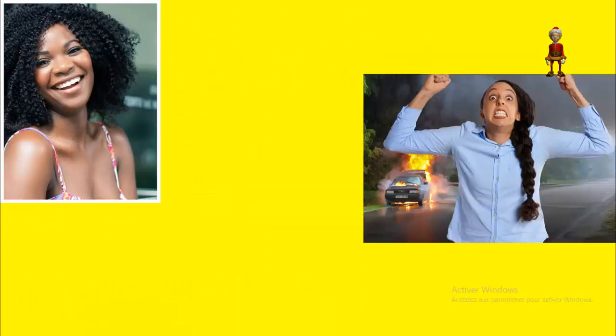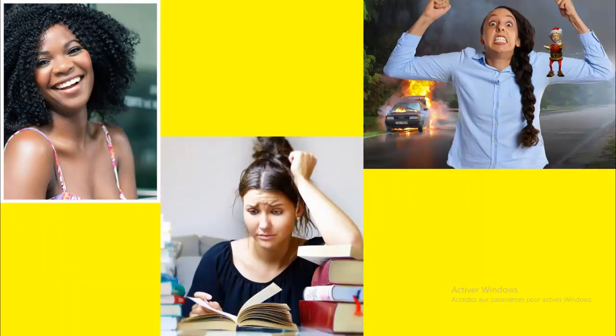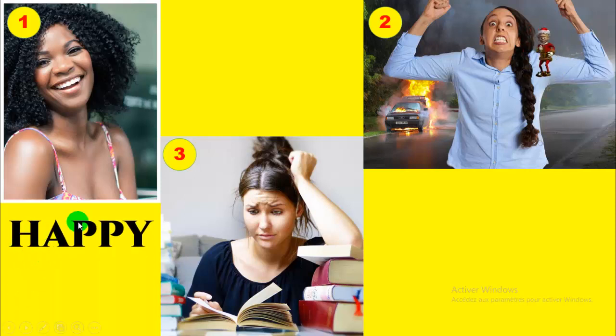Look at these pictures. Picture 1, look at the girl. What is the emotion, the feeling of this girl in picture 1, in picture 2, and picture 3? Tell me, in picture 1, what does this girl feel? Emotion. I think she is happy. This is happiness.